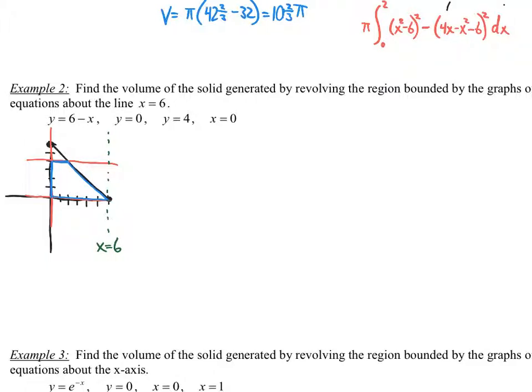So, this thing in the end is going to end up looking like a cylinder that has a cone cut out of the middle of it. Alright? Yeah, it's kind of a cool looking thing.